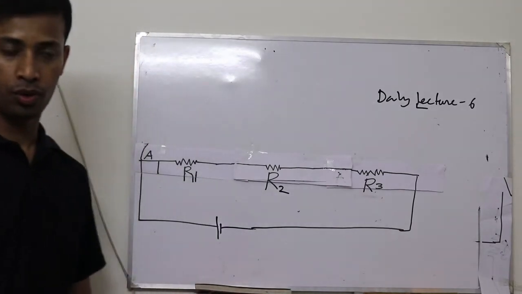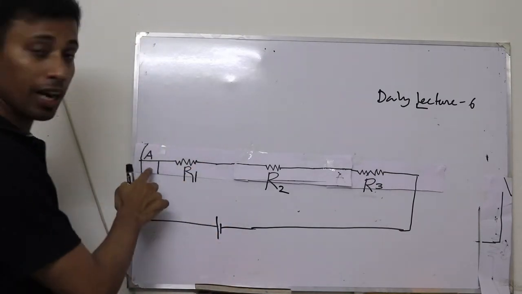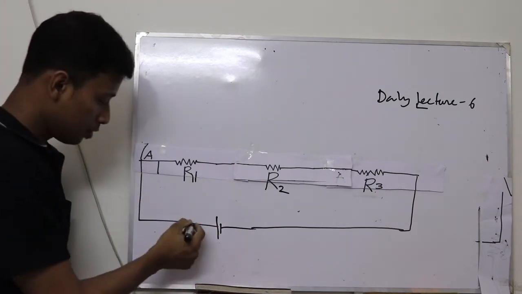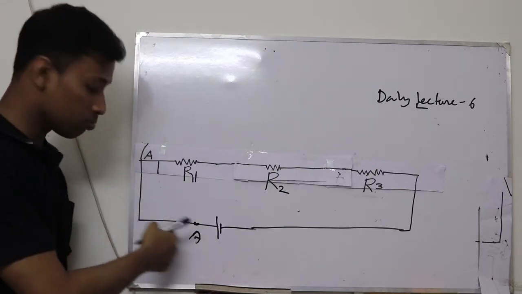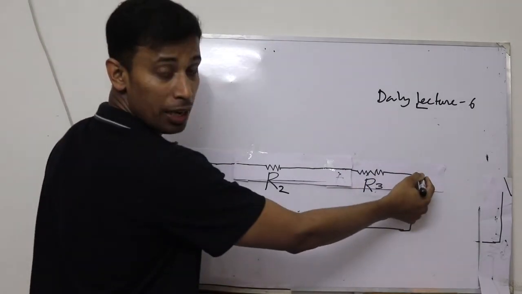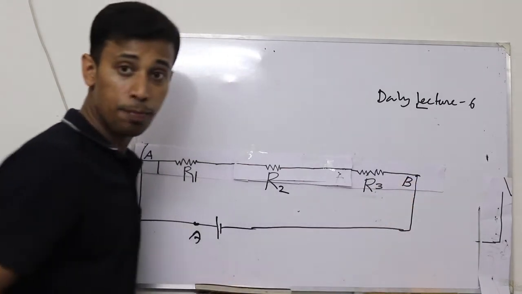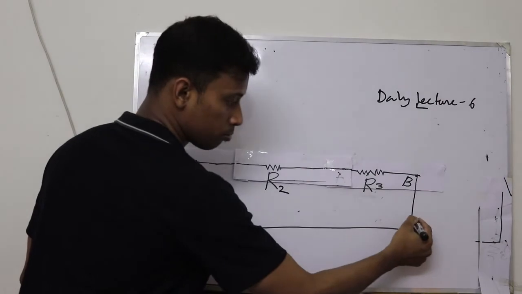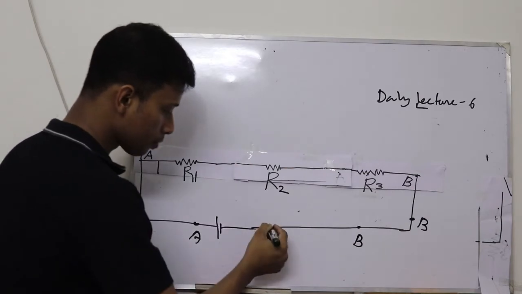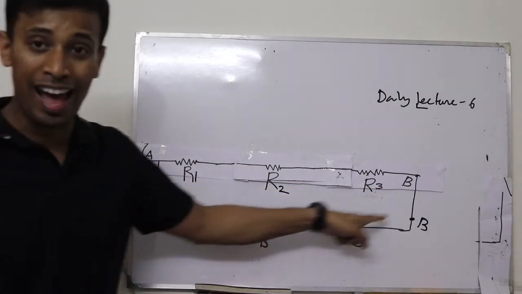But what if we use a short? Suppose the starting point of R1 is A. Then this point should also be A, because there is no resistance, so these two points are the same. And suppose the ending point of R3 is B. So this point should be B, and this point should also be B, because from here to here we don't have any resistance.